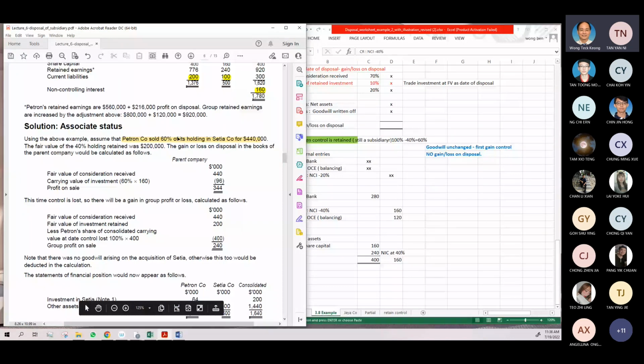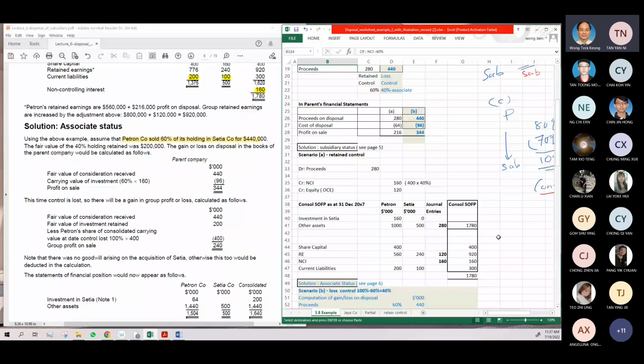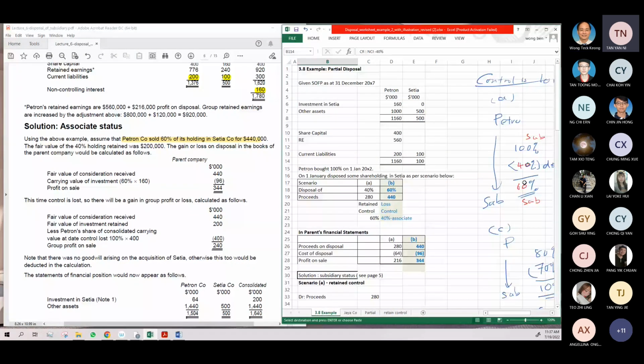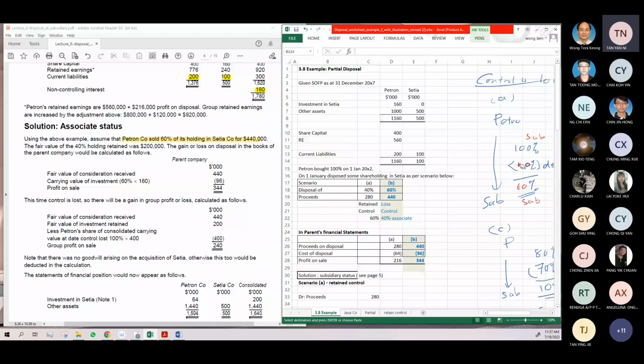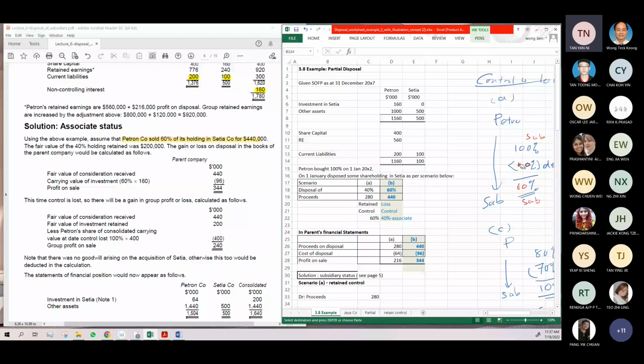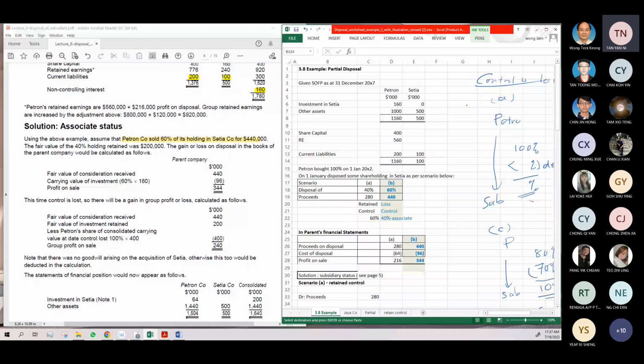So instead of selling 40% here, now we change the question. Instead of selling 40%, selling 60% of it, now it becomes 40%.